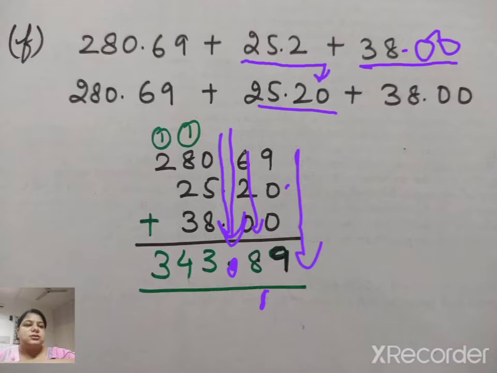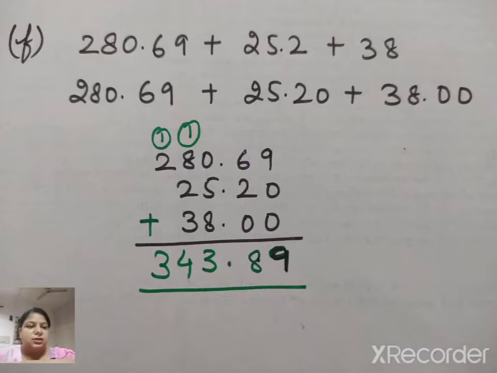Rest is the simple addition. 8 plus 5 is 13, 1 carry over, and then 8 plus 2 plus 3 plus 1 gives you 14. Again 1 carry over, 2 plus 1 gives you 3. So your answer will be 343.89. Main thing, you have to line up all the decimals.